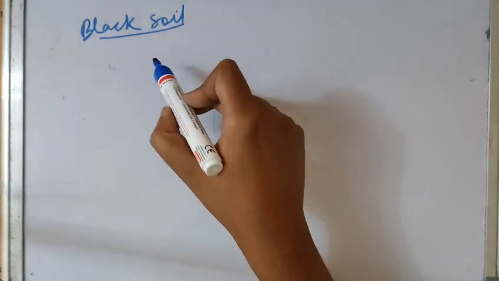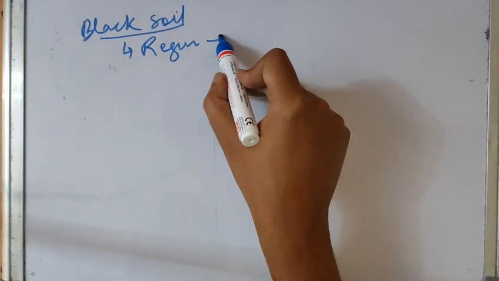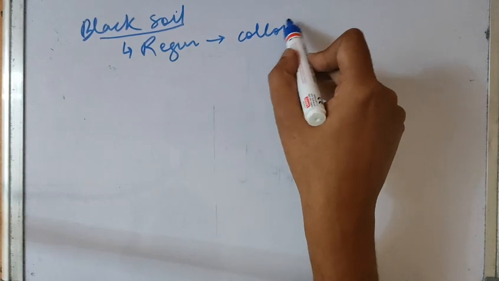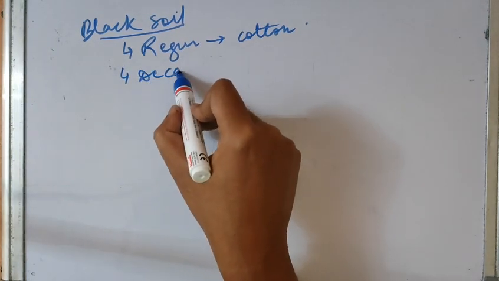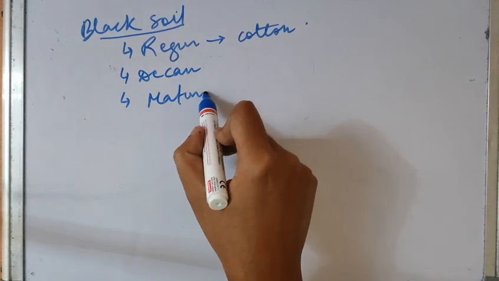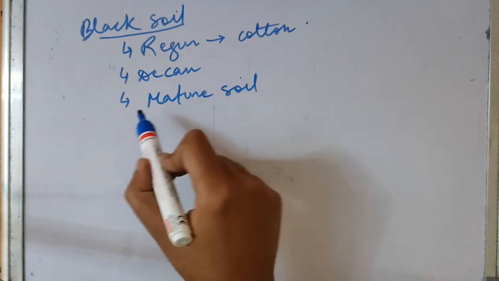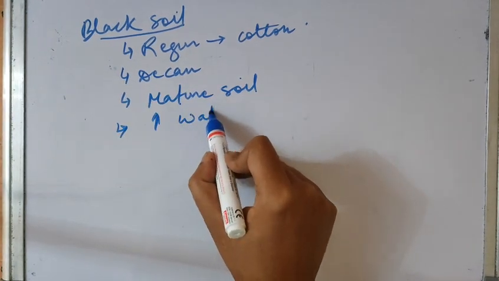It is also known as regur or regar, which means cotton, that is good for cotton cultivation. It is mostly found in the Deccan region. It is mature soil, well established one. High water retaining capacity.